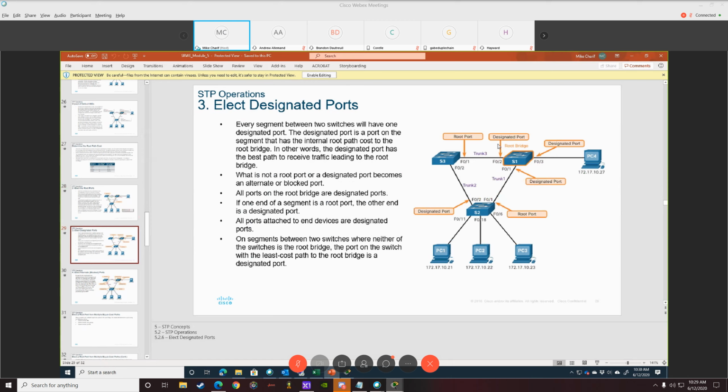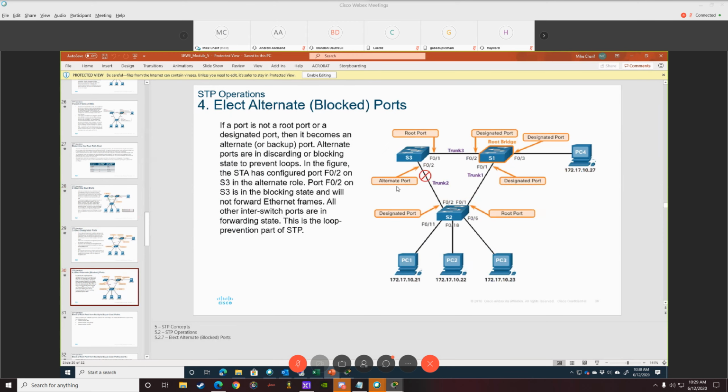This is for this segment, over here is for this segment, and that's the port for this segment. Once we determine this one for this segment, we're going to block it right here, and this is going to be blocked right here. We call it the alternate port. So F0/2 is the alternate port.